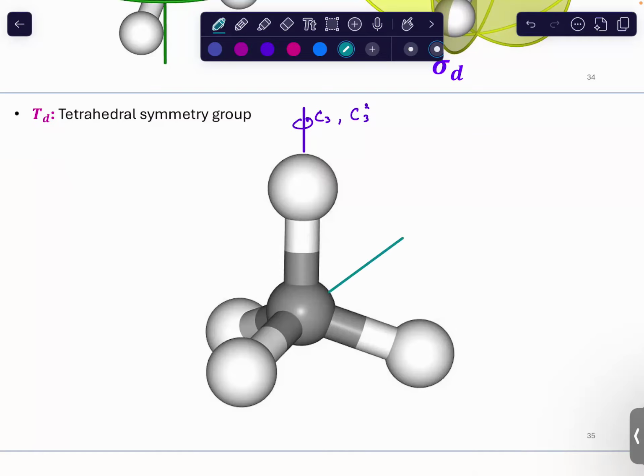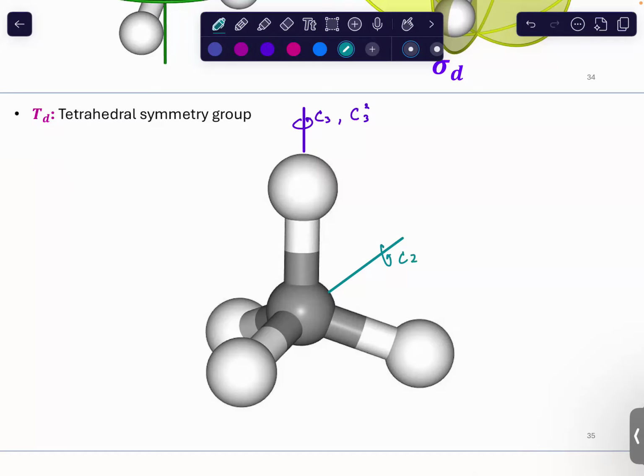What kind of axis is that? That one's also C3, right? No, it's not. If I rotate here, what's going to go where? Is it going straight down that bond? No, it's halfway between those two. So then it's a C2. Yes, it's a C2.